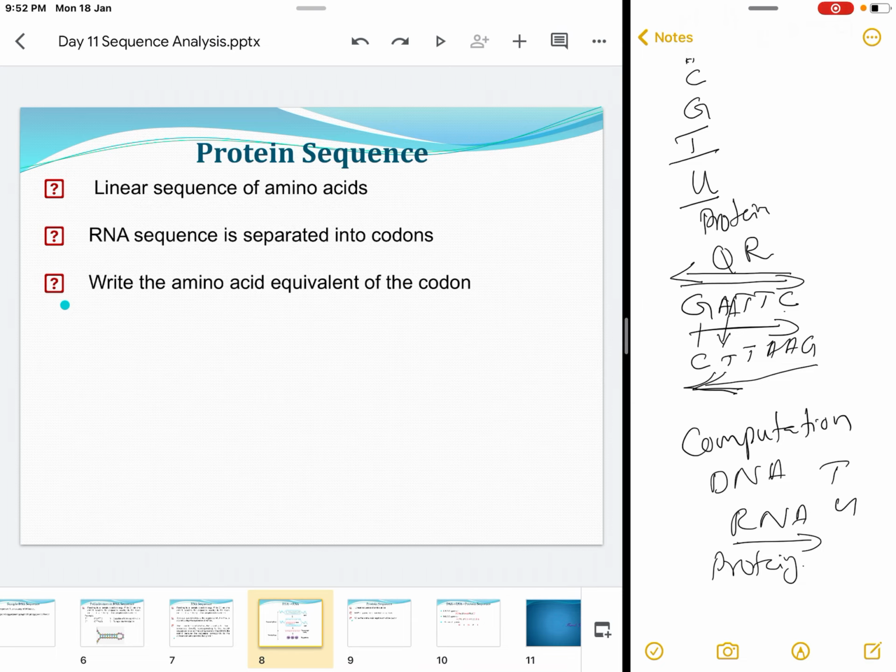A protein sequence is a linear sequence of amino acids, as we have seen in the previous class, and each codon represents an amino acid. The RNA sequence is separated into codons first, and for each codon we write down the equivalent amino acid from the genetic table. We can find out which amino acid is coded by a particular codon.